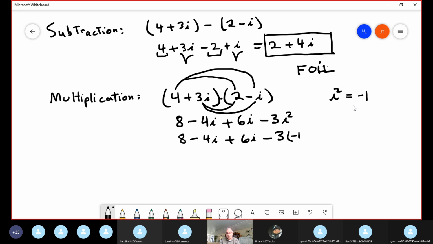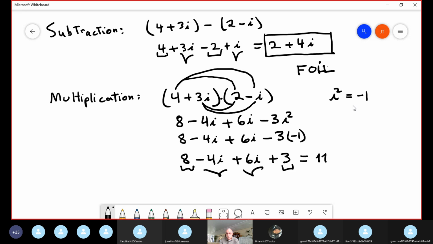Actually, I realize that if i squared is -1, this negative and this negative together become positive. But okay, let's do it step by step. 8 minus 4i plus 6i plus 3, because negative and negative together become positive. So 8 is real part, 3 is a real part, it's 11.